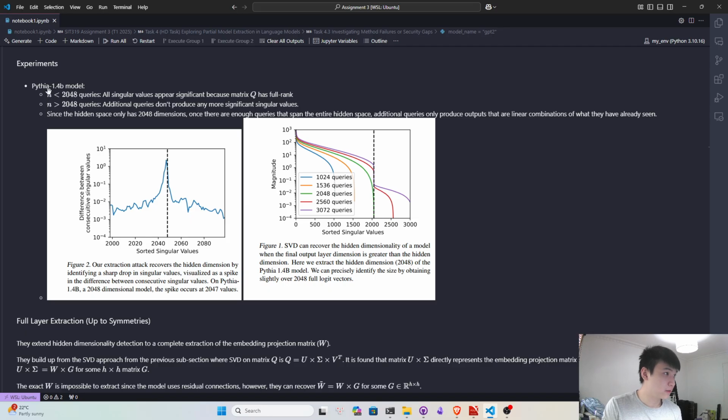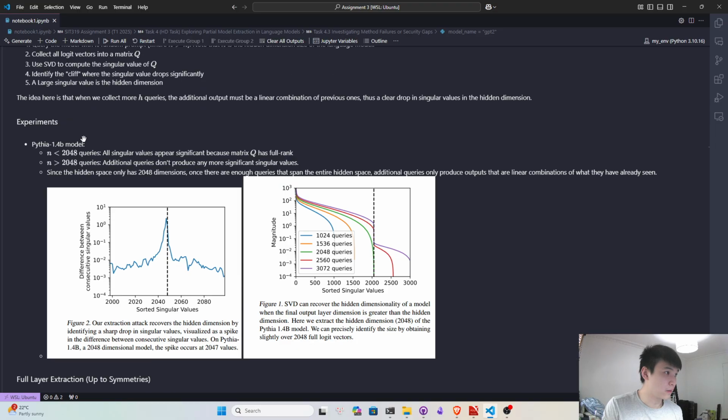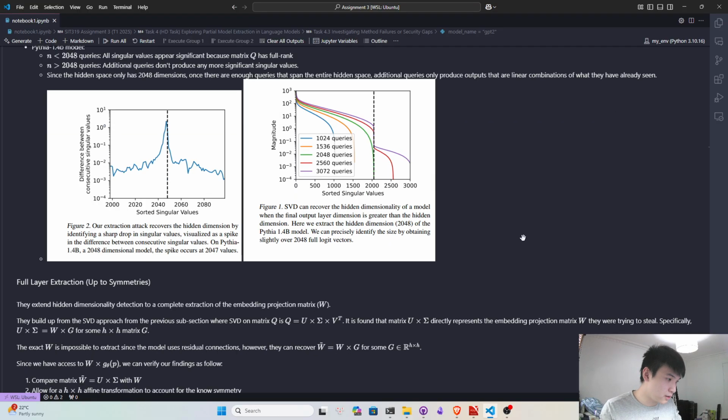In this experiment, they're using the Pythia 1.4B model. The exact hidden dimension is the green line, and if the number of queries is less than 2048, then all singular values appear to be significant. But if it's larger, then additional queries don't produce any significant values, and only produce outputs that are linear combinations of what has already been seen.